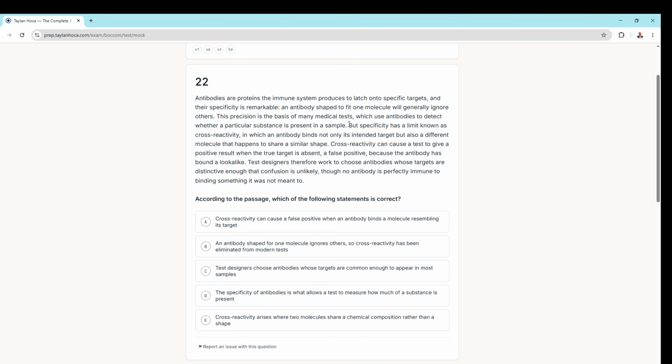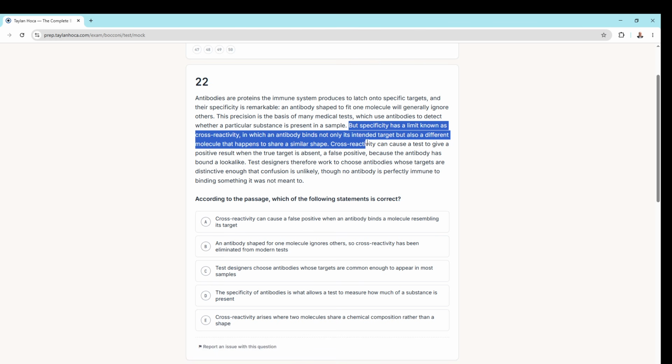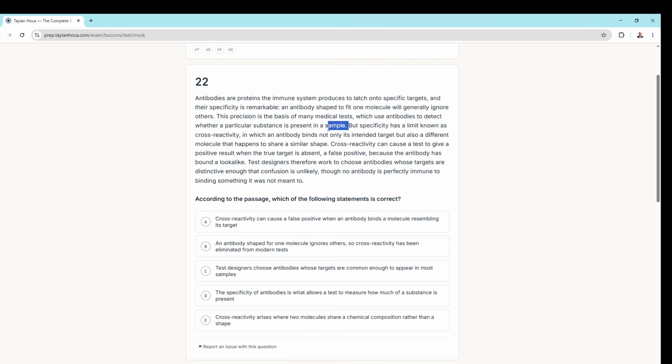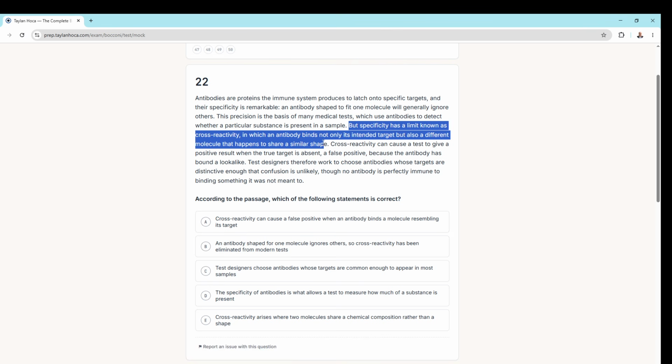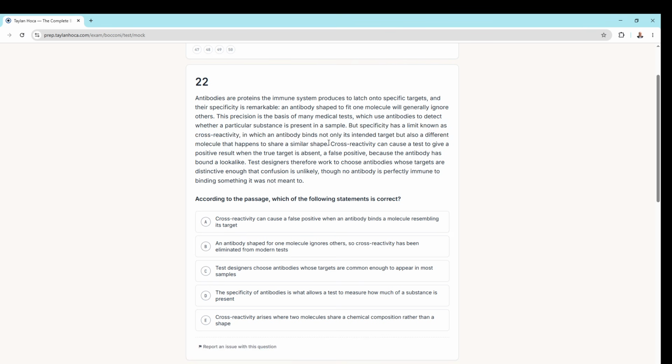But specificity has a limit, of course. Now problem comes, in which an antibody binds not only its intended target but also a different molecule. Okay, so it can be another one and you can guess wrong. Cross-reactivity can cause a test to give a positive result while the true target is absent, a false positive, because the antibody has bound a lookalike. Okay, it's similar.